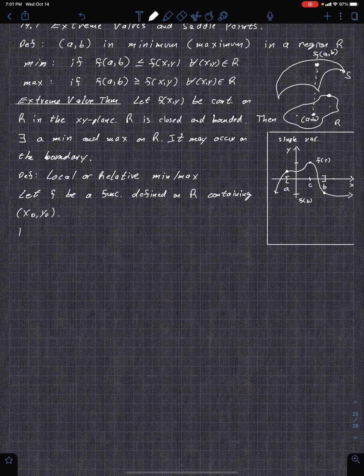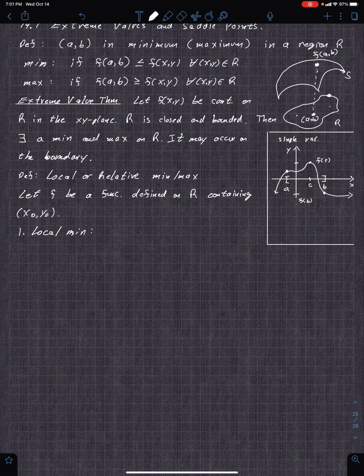We have one. So this is the local, we'll do local minimum first. Local minimum is basically its minimum in a delta neighborhood, right? So you don't put an open interval around it, you put a delta neighborhood around it.